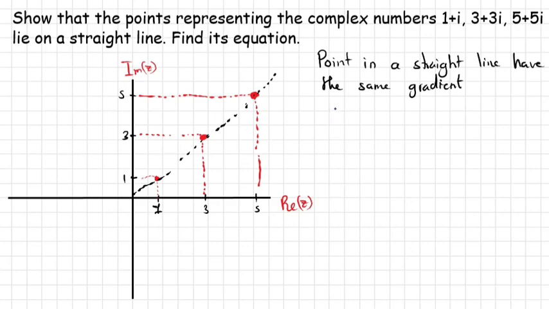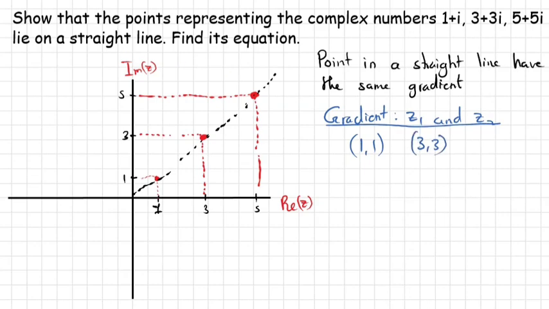So what we're going to do is this. We're going to find, first of all, the gradient between 2 points. The 2 points will be Z1 and Z2. So let's call this gradient 1. The coordinates of the first point will be (1, 1), and the coordinates for the second point will be (3, 3).